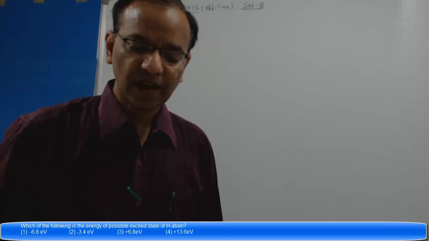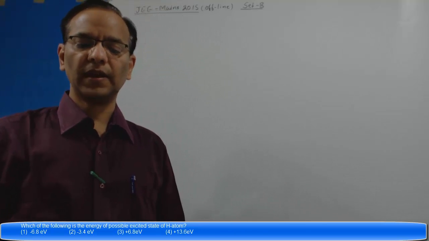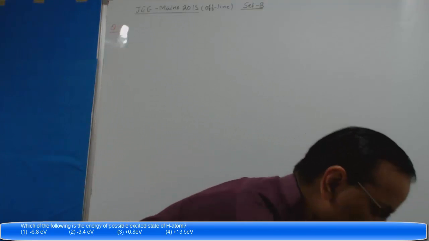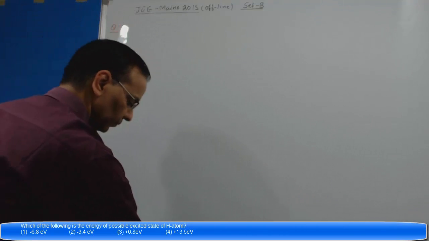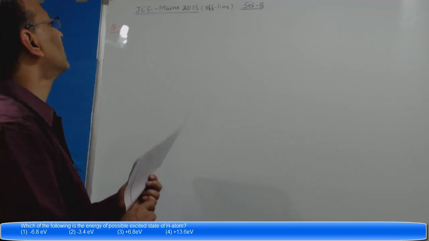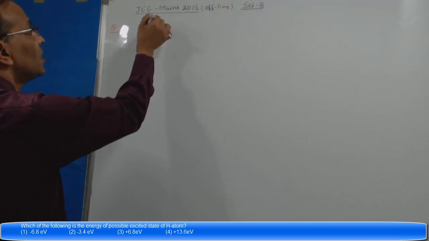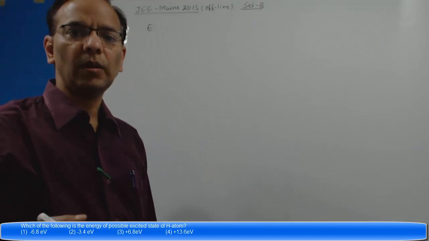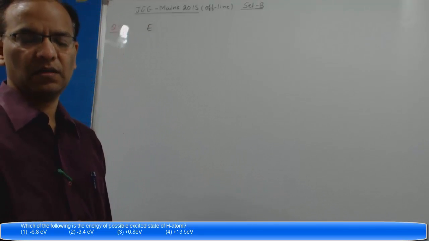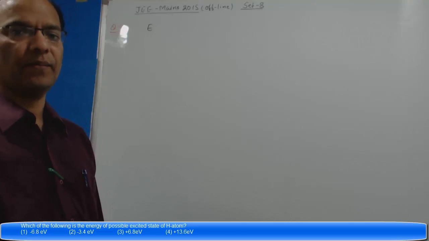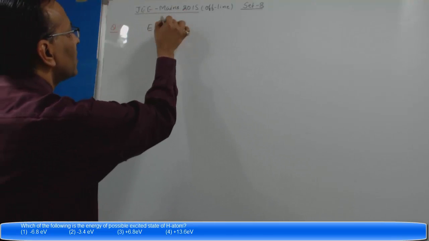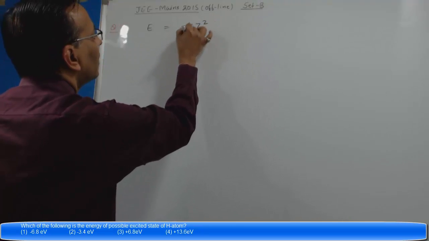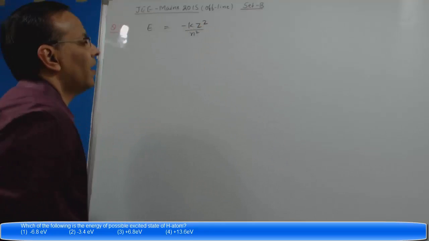As we all know, the energy of a stationary Bohr orbit for a hydrogenic atom is given by the expression E is equal to minus kZ square upon n square.